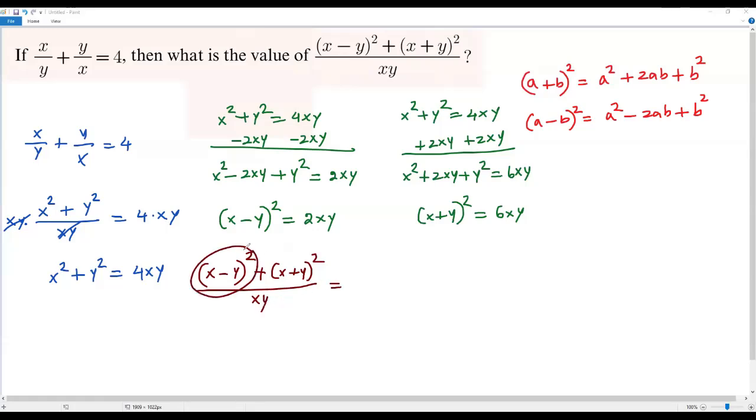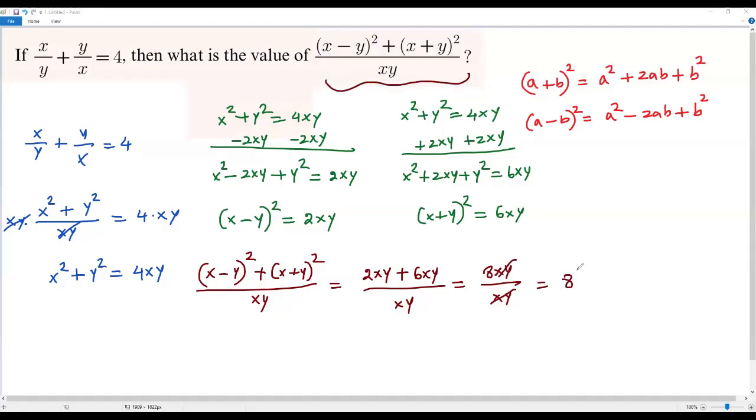For (x − y)² I know it's 2xy, so I plug in 2xy, and for (x + y)² I know it's 6xy, so I plug in 6xy, over xy. When I add 2xy and 6xy, I'm getting 8xy over xy. The xy will cancel out and I'm getting 8. So the value of the given expression is 8.